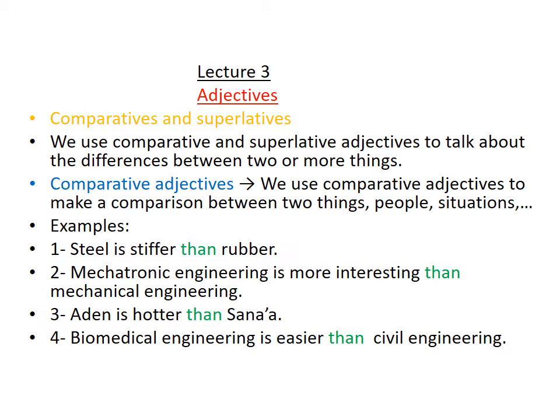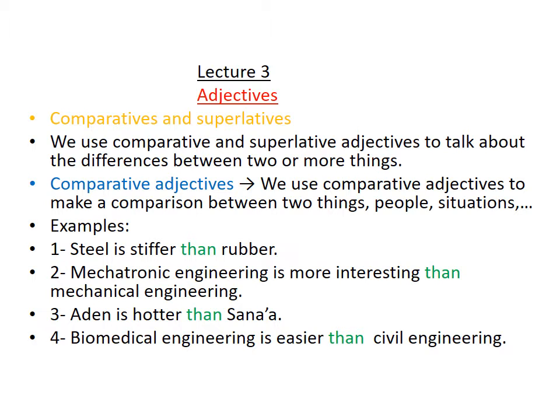The adjective is stiffer. So we say steel is stiffer than rubber. الستيل أقسى من الإيش؟ من الربر. So the adjective stiff, we add er to the adjective stiff, it became stiffer. صفة مقارنة er.